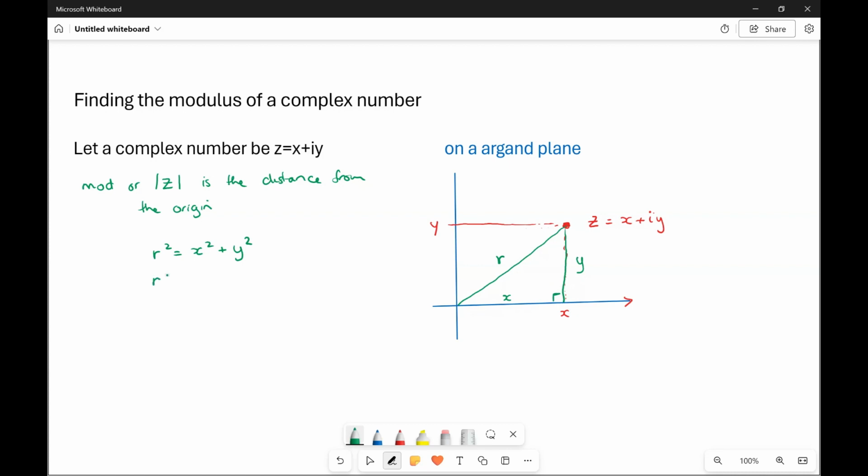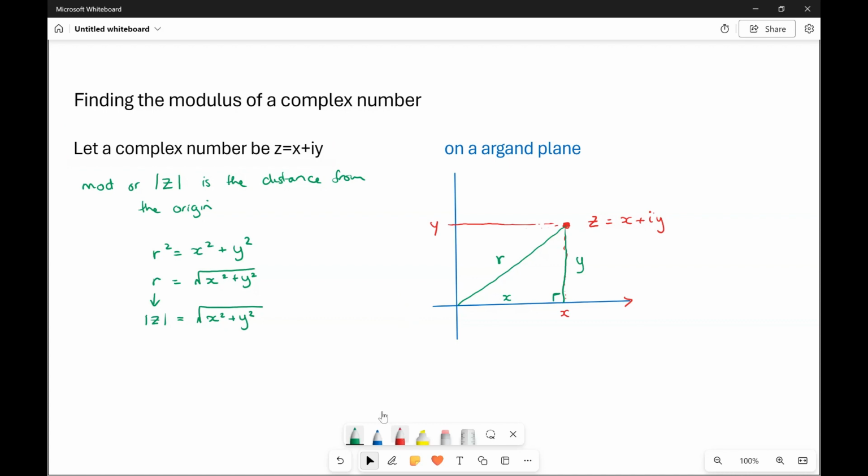That means r is going to be the square root of whatever that x squared plus y squared is. That r is really the modulus of z, which is the square root of x squared plus y squared. Now, what do we know about x and y? x here is the real part and y is the imaginary part of the number.